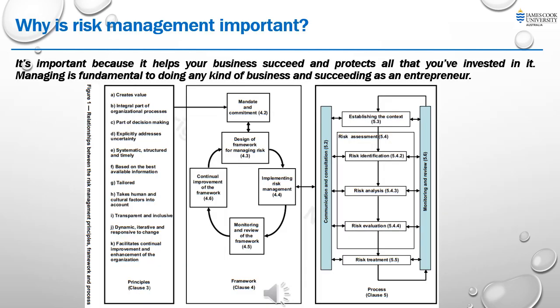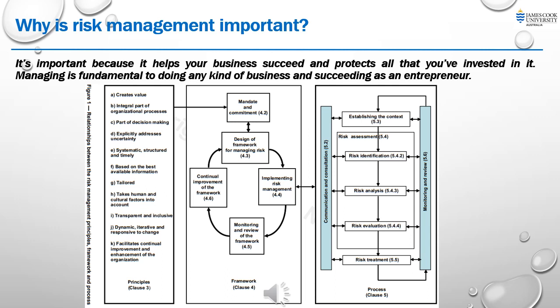Risk management is important for many reasons. Protect organization from potential threats. So risk management helps organization identify potential threat and develop a strategy to prevent or mitigate their impact. By doing so, organization can protect themselves from financial, operational, legal, and reputational risk. Improve decision making.